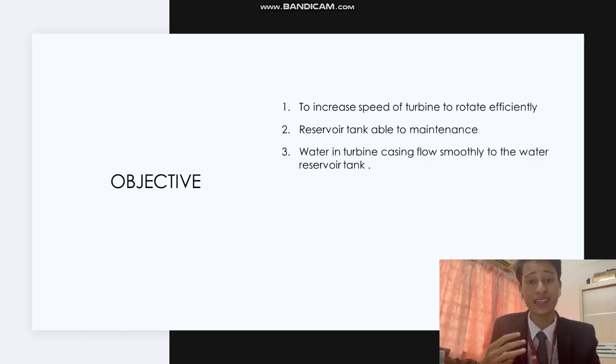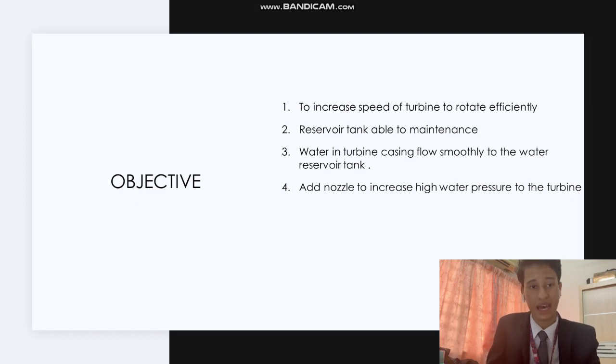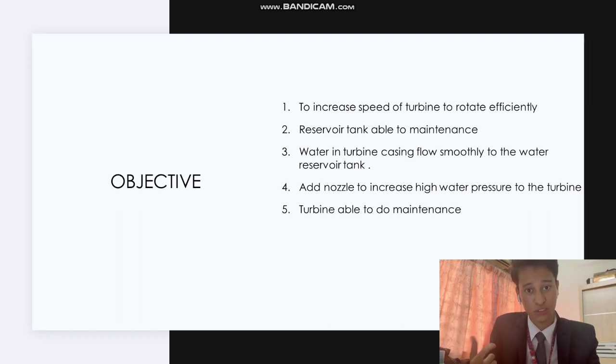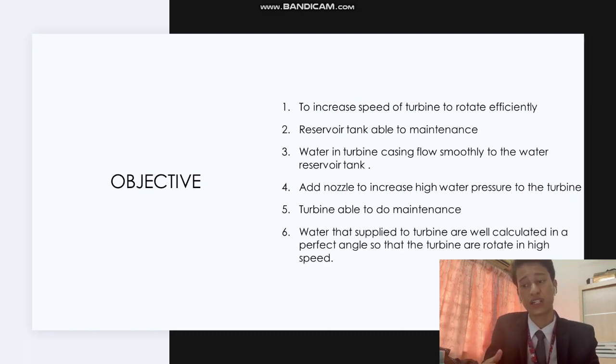Third, water in the turbine casing flows smoothly to the water reservoir tank. Add a nozzle to increase high pressure to the turbine for the turbine to rotate efficiently. The turbine is able to be maintained. And last but not least, the water supplied to the turbine is well calculated at a perfect angle so that the turbine rotates at high speed.